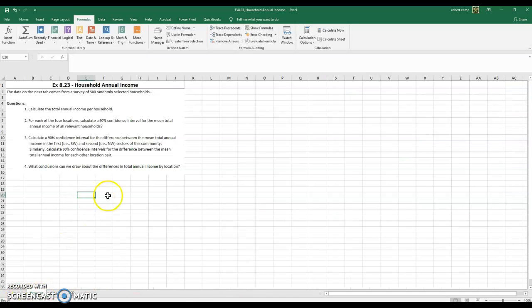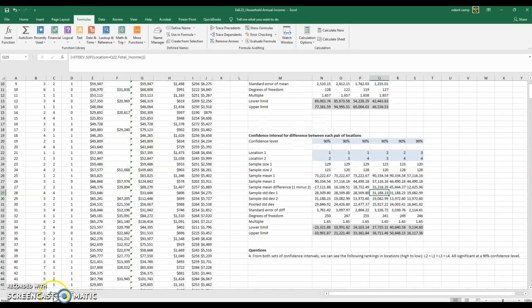Okay, the last thing it was asking us is what conclusions we can draw from the income. As I look at how it compares to everything, number-wise, L2 is the highest income by location.